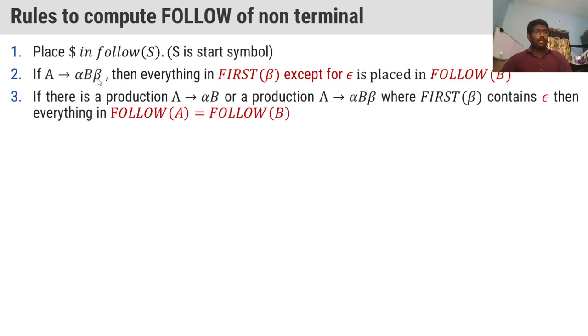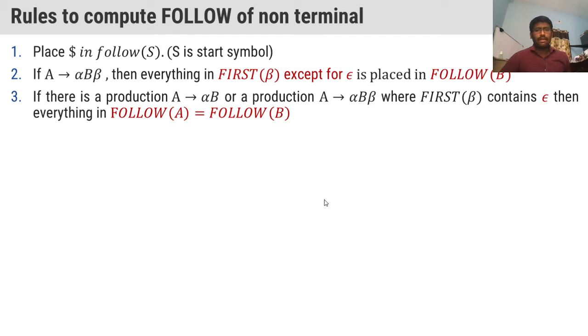And for rule 3, you take the same production. If A implies alpha B beta, in case beta is epsilon, what will we do? Follow of capital B is equal to follow of capital A.